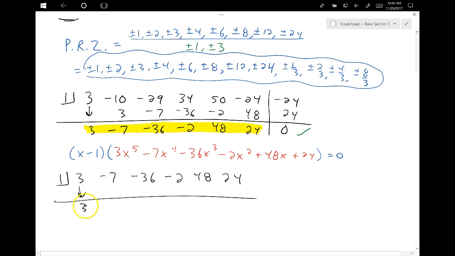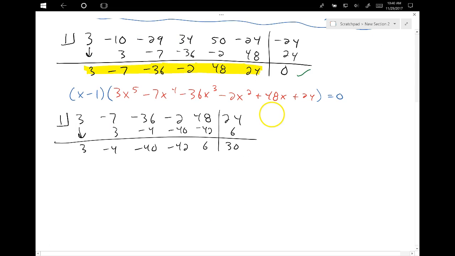Let's do our synthetic division. Okay, 1 doesn't work, so let's move on to -1.